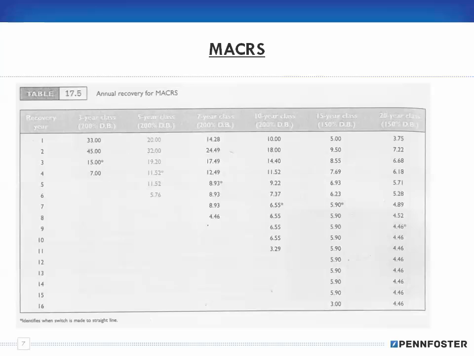We then come over and we look at this annual recovery for MACRS chart. Okay, and since we were using an automobile and it told us that we had a 5-year class, we come underneath that particular column on this table, and these are going to be the rates that we're going to use for that period of time.